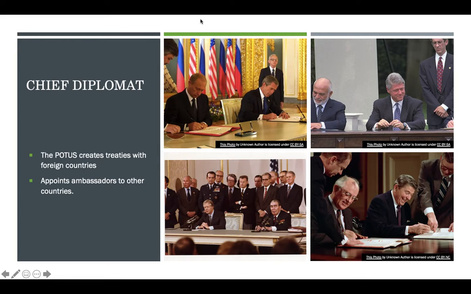Ronald Reagan at the bottom right with Mikhail Gorbachev, and Jimmy Carter meeting with, I can't remember who that is. Anyway, he's a Russian leader. But it is the responsibility of the United States president to be our chief diplomat and to also send others to represent us as well.